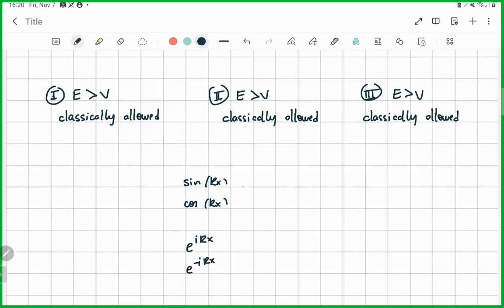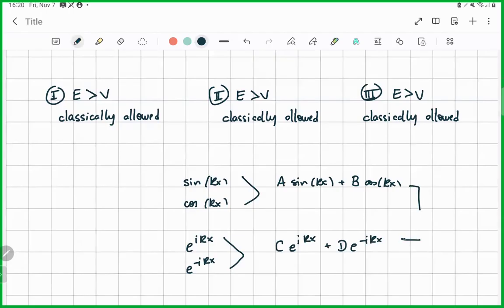As we already said many times, this combination of sine and cosine can be written equivalently in terms of the exponential. Now, there is a problem that we solved that shows that these two things are equivalent.